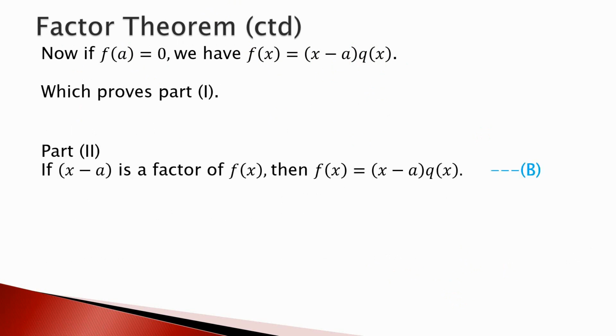Then part 2. If x minus a is a factor of f of x, then f of x can be written in this way, where q of x is a polynomial. Then when you plug in a for x, this factor will be 0, and 0 times q of a is again 0, so you get f of a equals 0.